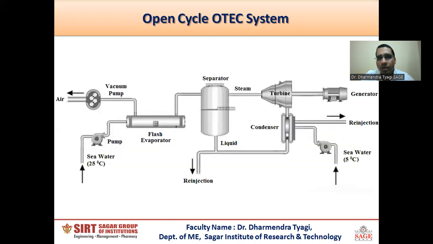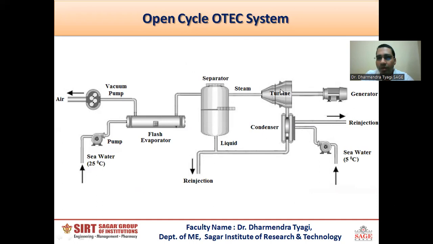Now coming to the open cycle system. Here you can see the diagram of the open cycle system. In this diagram, you can see this is the flash evaporator, this is the pump for taking the water from the ocean surface, and this is the vacuum pump. This is the separator.